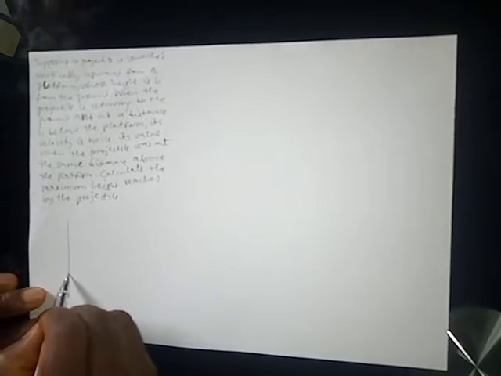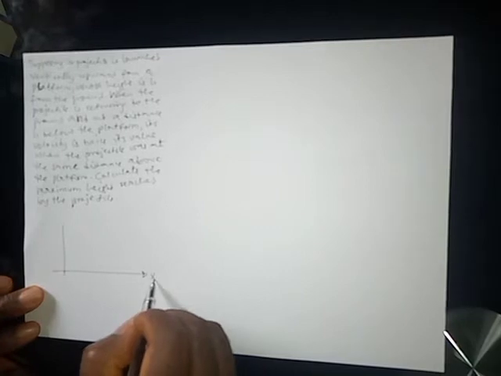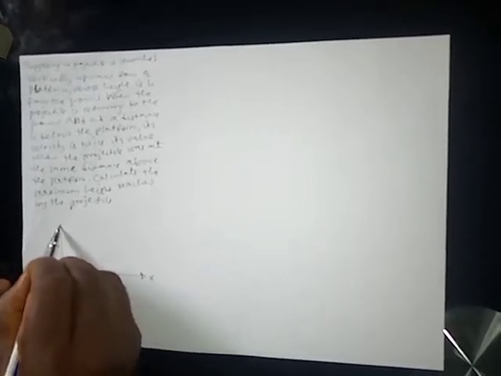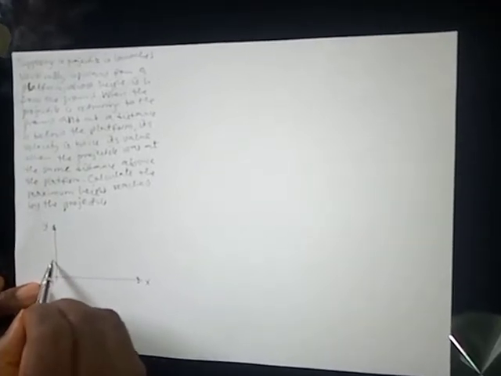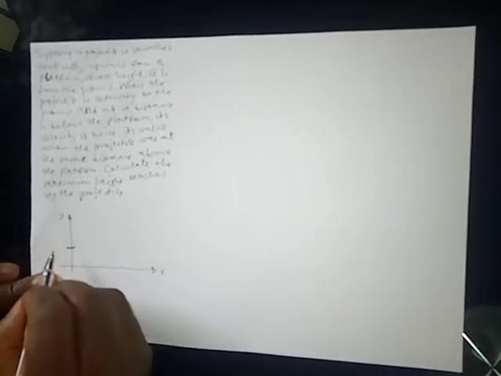First, let us interpret the question and then see how we can calculate the maximum height reached. We'll use two-dimensional Cartesian coordinates where the horizontal is x and the vertical axis is y. Assuming the platform is somewhere here, let's label the point.